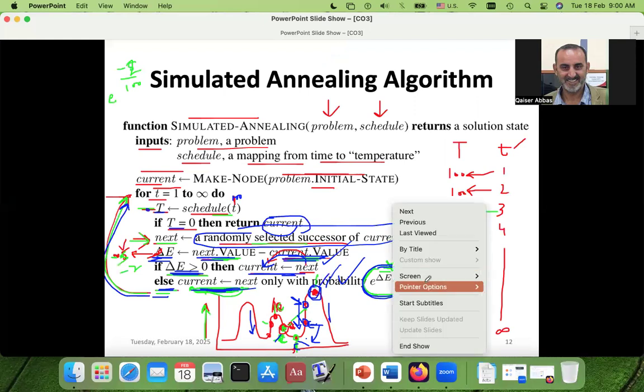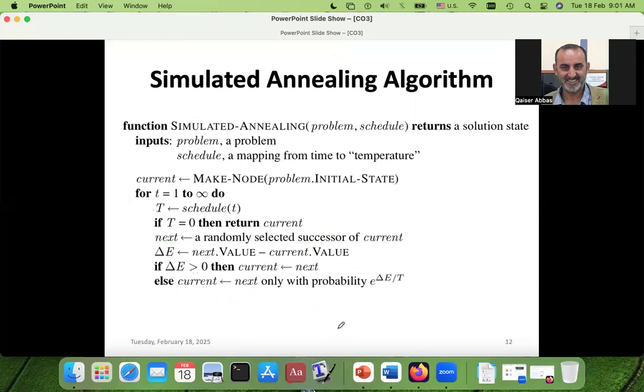But sometimes, if you are here and then reach here, and then here, in hill climbing you will get stuck here. It will give you this solution and not the global maximum, if some other states are also here.